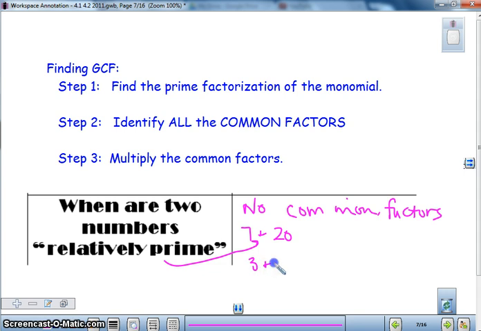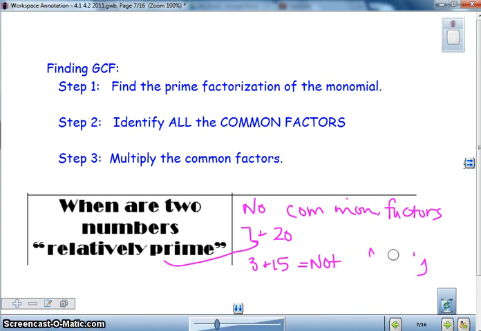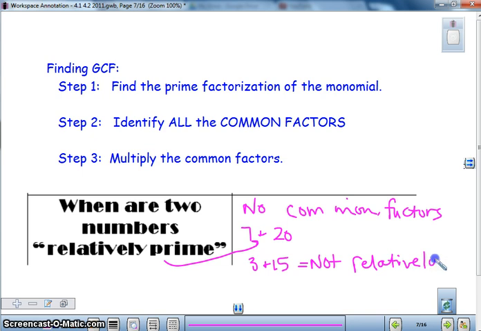Whereas 3 and 15, 3 is a prime number, but these two are not relatively prime. The reason they're not relatively prime is that they have a common factor of 3. 3 is a common factor of these two numbers.